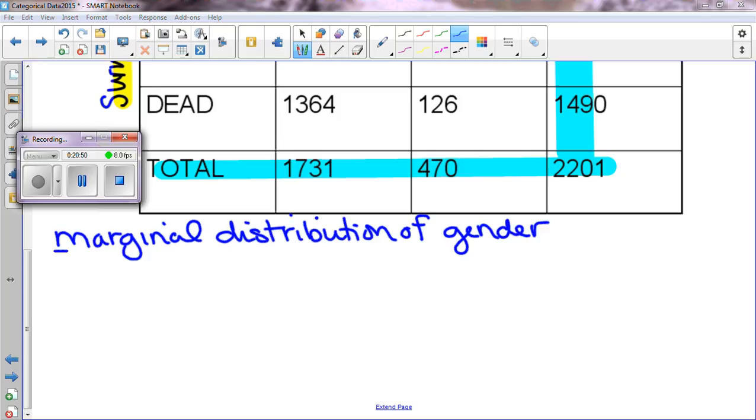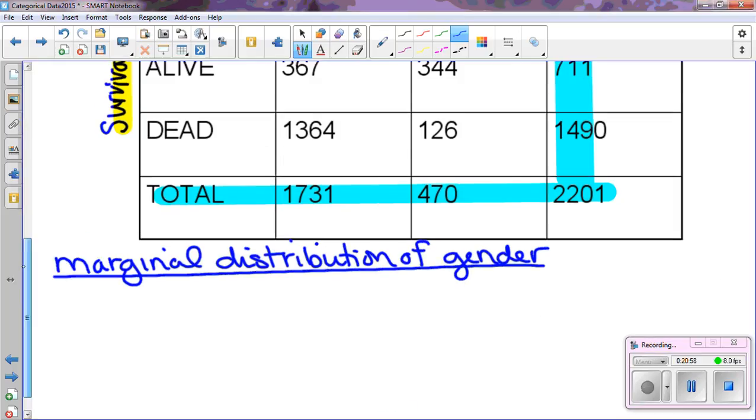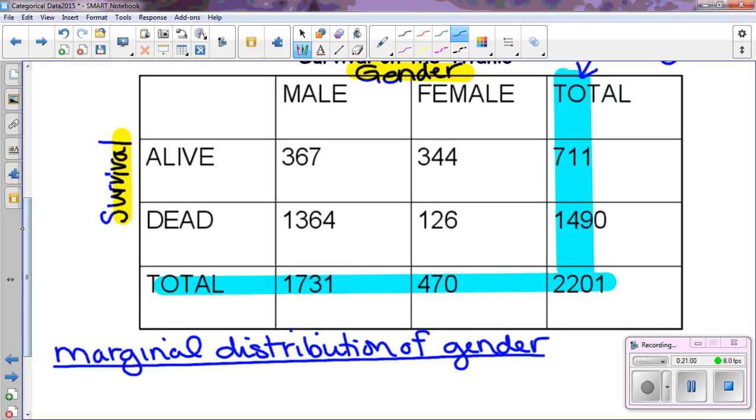Anytime I ask you to do this, you're going to just kind of get this out of the way, so then leave it over there maybe. How would I do that? A marginal distribution of gender. Well, that is the question. I want you to create it. Here's my table. What do I do?